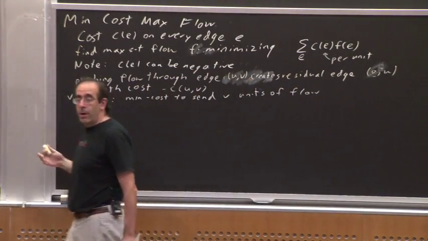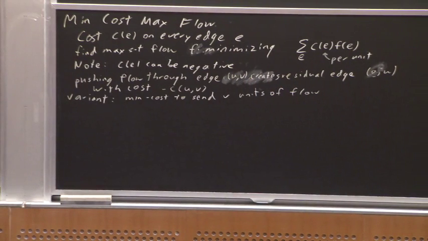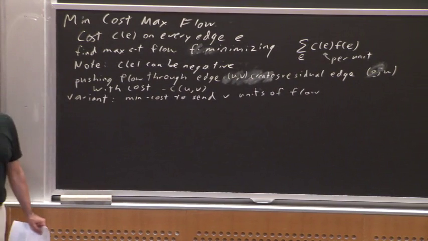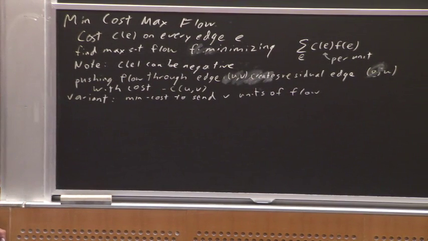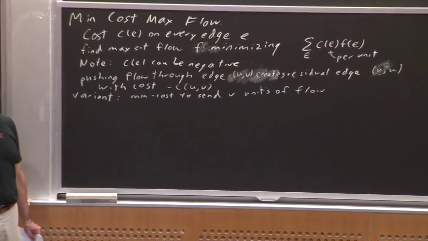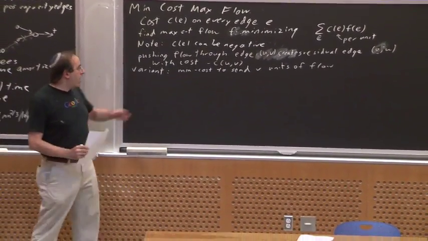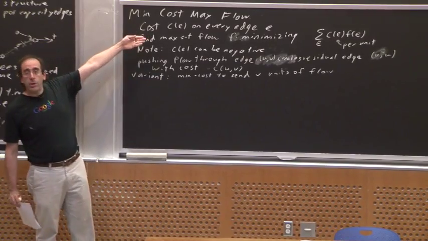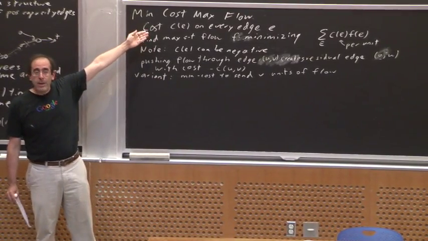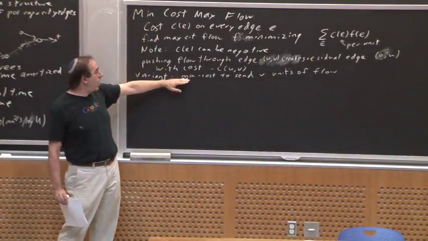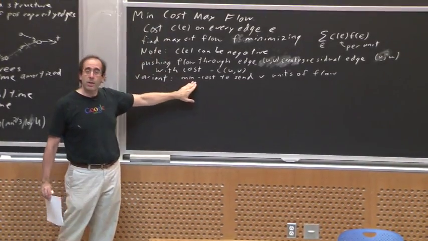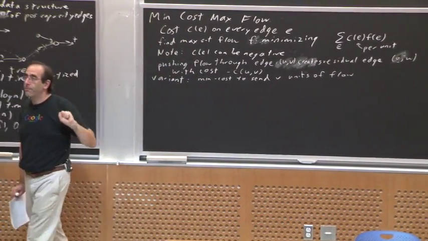Now that we have another measure of the flow, namely its cost, we can decide to fix the amount of flow that we want to send and just ask about sending it at minimum cost. Okay? But it's simple to solve this problem if we have a solution to the general min cost max flow problem. So if you had a solution to this problem and you wanted to solve this one, how would you do it?